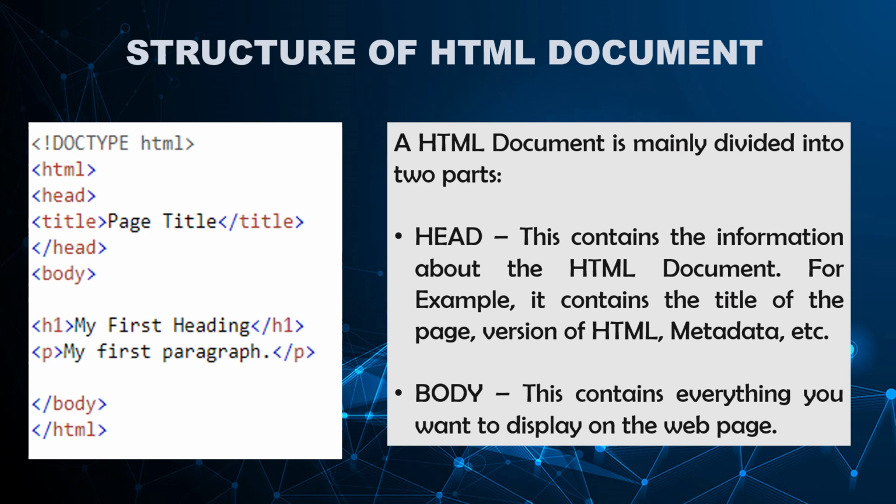The head contains the information about the HTML document. For example, it contains the title of the page, version of the HTML, metadata, etc. Body. This contains everything you want to display on the web page. It could be a heading, it could be a paragraph, or it could be an image.